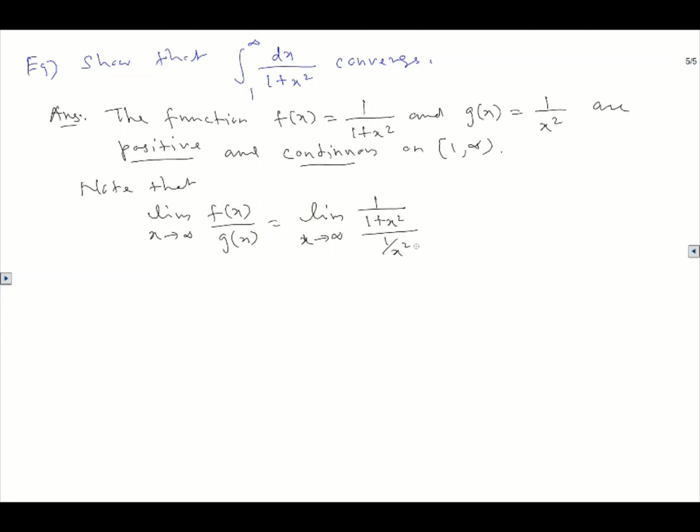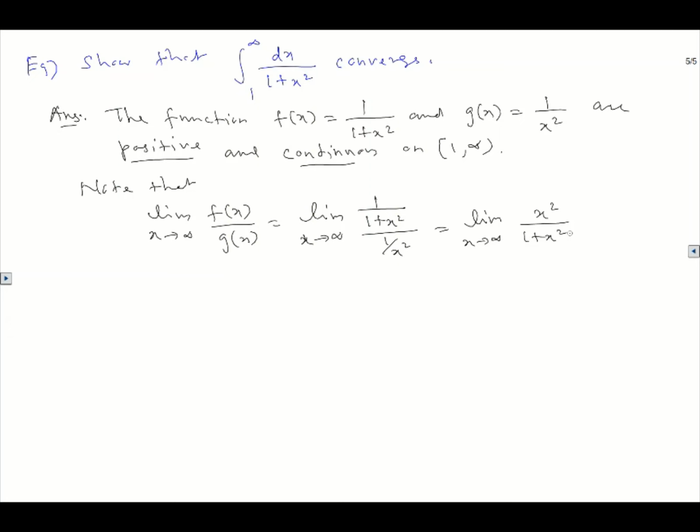It doesn't matter which one, but we normally put the complicated one on top, and then this one you can simplify very well. The bottom one, when you divide, you can flip over, so it's going to be x squared over 1 plus x squared.